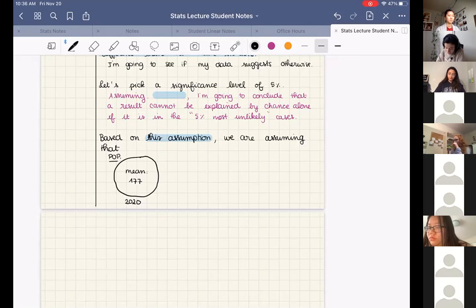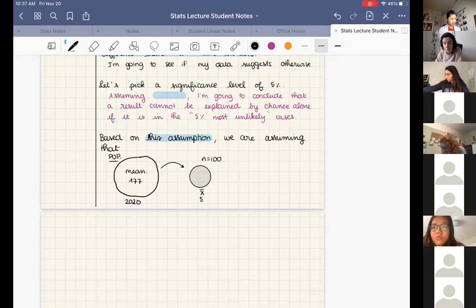Okay, so we have a population whose mean we are assuming to be 177. From here, what we know is that we selected a sample, and it happened to be a sample of size n equal to 100. And we're going to compute an average and a standard deviation from this sample.